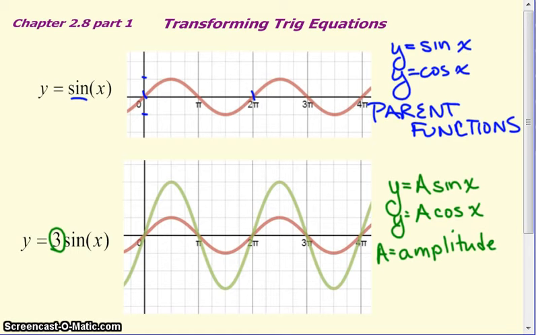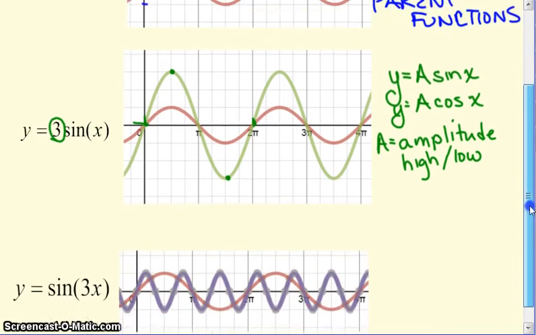And amplitude tells you the highs and the lows of your function. We should note that that high and low right now is measured above and below the x-axis, so that we've gone 3 spaces above the x-axis, 3 spaces below, and so on. We did not have any effect at all on the period of that function. It's still the same as its parent, 2 pi.